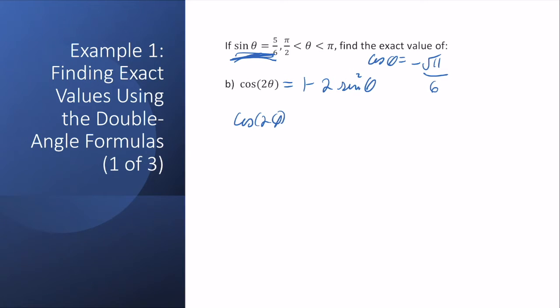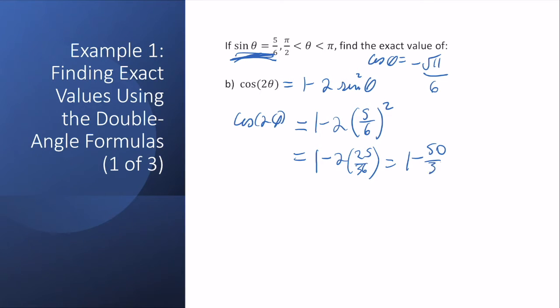So I have cosine of 2 theta equals 1 minus 2 times 5 over 6 squared. So I have 1 minus 2 times 25 over 36, which is 1 minus 50 over 36. 1 minus 25 eighteenths, so I have negative 7 eighteenths.